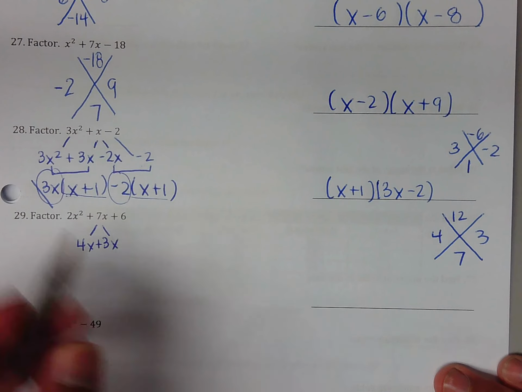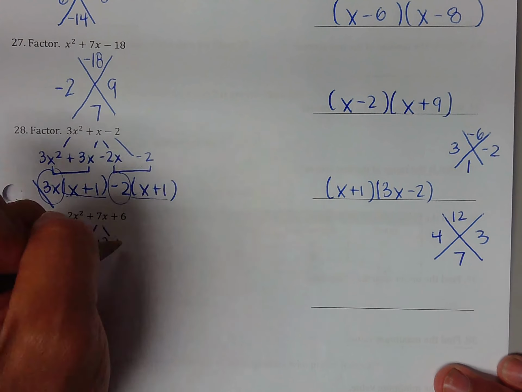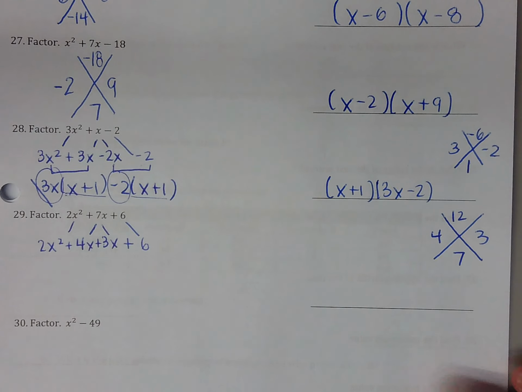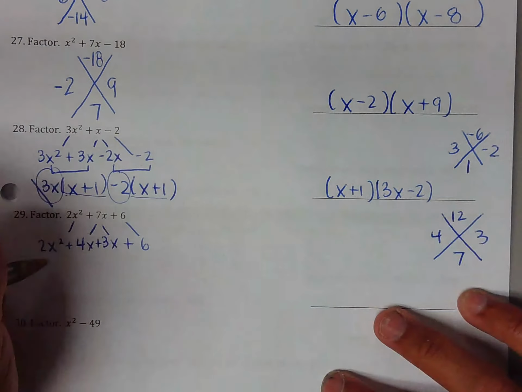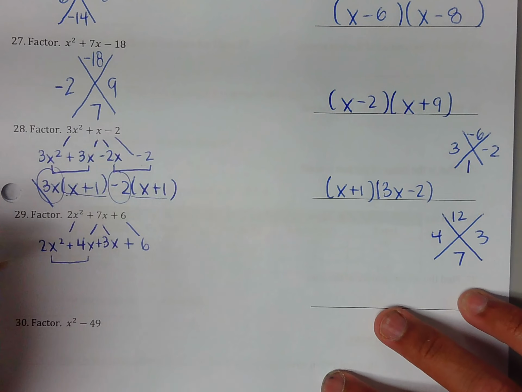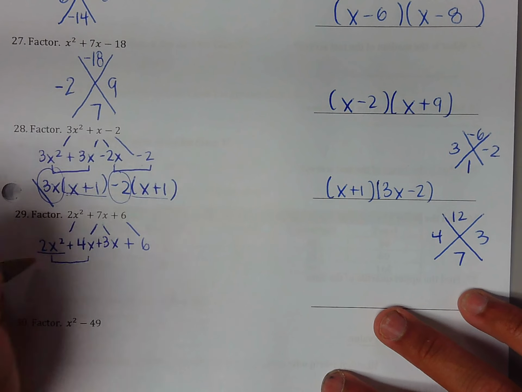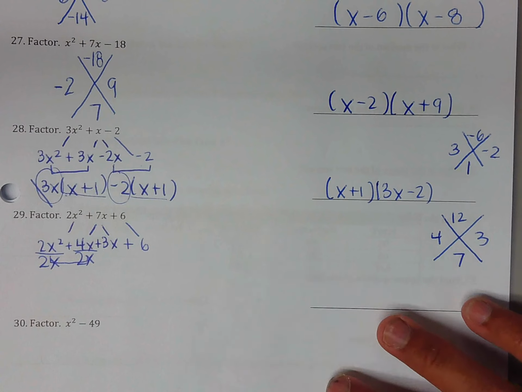All right, and then let's see, 2x squared, we just bring down, and then that 6 we just bring down. Now we factor by grouping. So we factor 2x squared and 4x by itself. The greatest common factor of those is 2x, so dividing each of them by 2x.